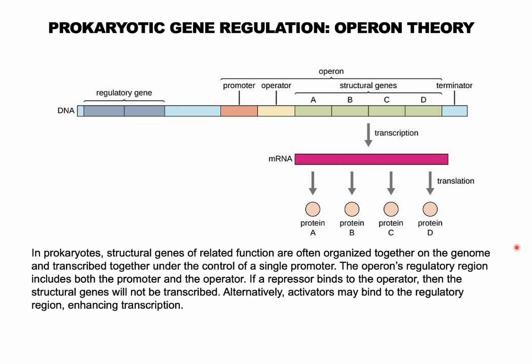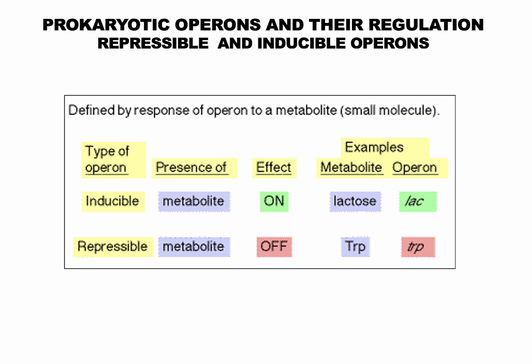On the other hand, other prokaryotic operons are expressed only when necessary and are regulated by repressors, activators, and inducers. Prokaryotic operons are often regulated by the binding of repressor proteins to a specific region called the operator, which prevents the transcription of the structural genes.